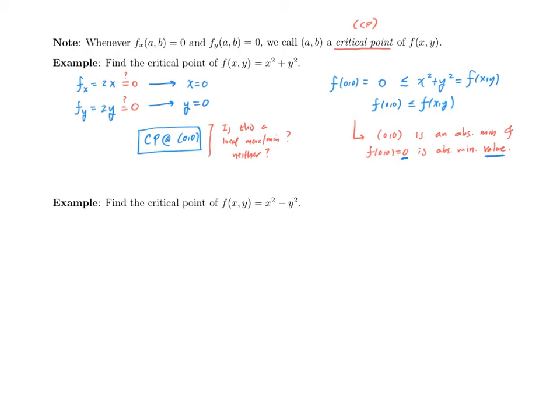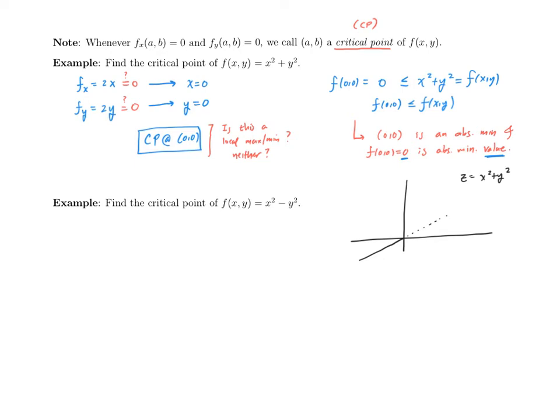And just for fun, let's even go ahead and think about this graphically. If I wanted to get an idea of what the sketch of this surface would look like, we would write z equals the function, x squared plus y squared, and then we can use the various techniques that we've encountered.